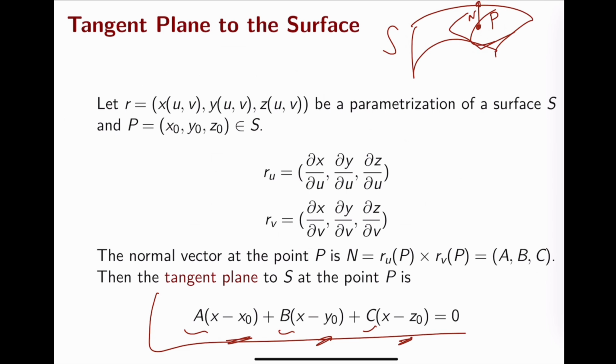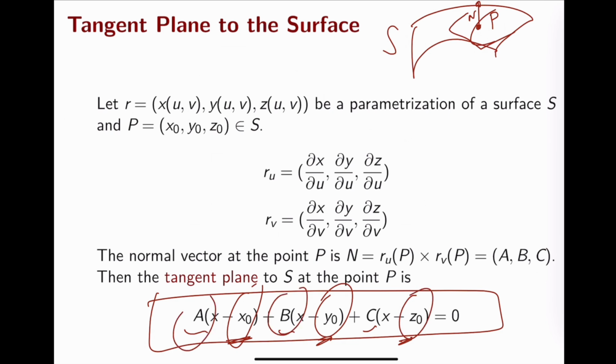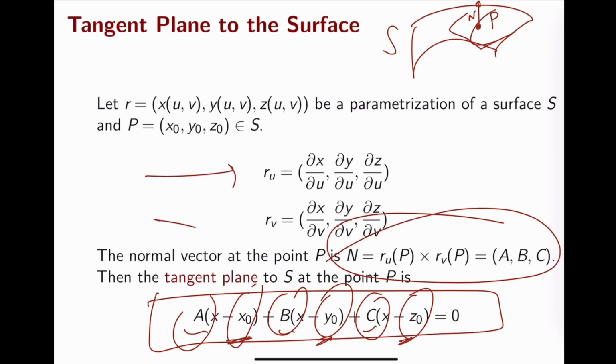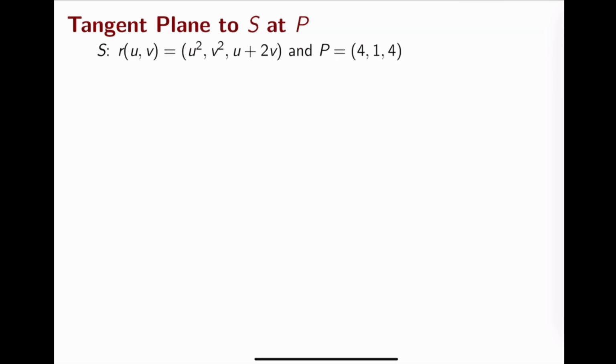So this will be the equation of the tangent plane at the point x0, y0, z0 with normal vector A, B, C calculated by the cross product between the derivatives with respect to u and with respect to v.